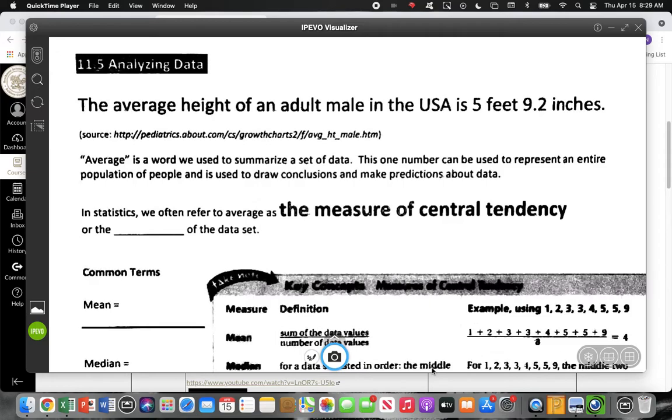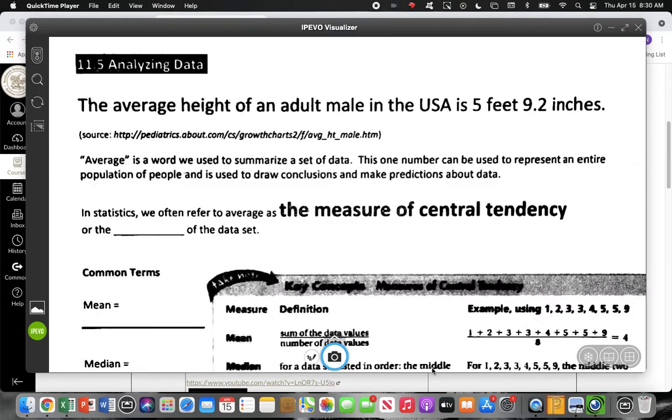You need to know the certain range values are acceptable in, because if you have data, you have an idea of what you expect a value to be. So like on this one it says the average height of an adult male in the USA is 5 feet 9.2 inches. If you were collecting data and people were measuring the height and all of a sudden somebody wrote down that they were 13 feet tall, what would you think?